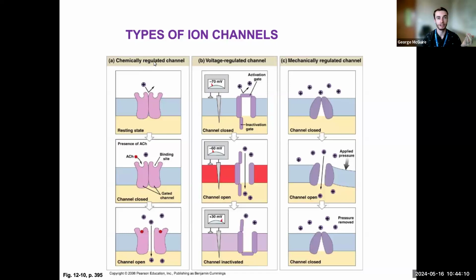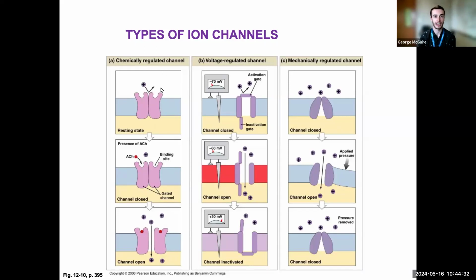So their opening and closing is regulated by some chemical, a ligand, that binds with it and opens or closes that channel. So this is what is going to be doing a majority of the signal starting that allows for large amounts of these ions to start moving in or out of a cell.